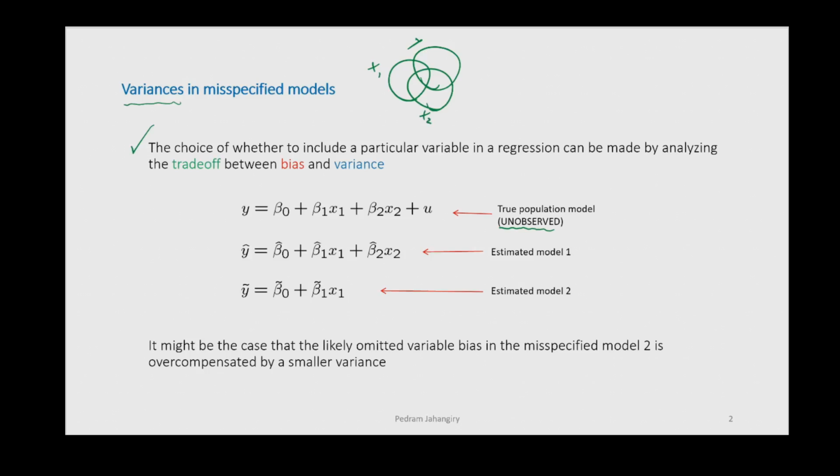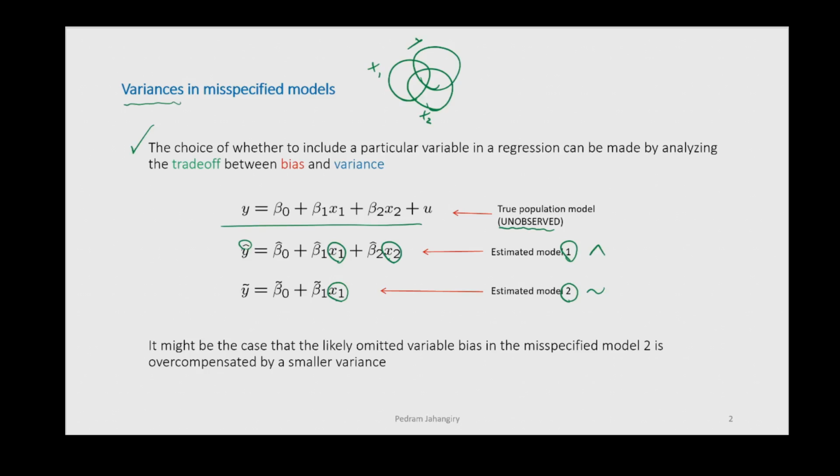We are going to estimate this unobserved true model using 2 models. Model number 1 includes both x1 and x2. We reserve hat for model number 1 and tilde for model number 2. In model number 2, we drop x2, so it only includes x1.